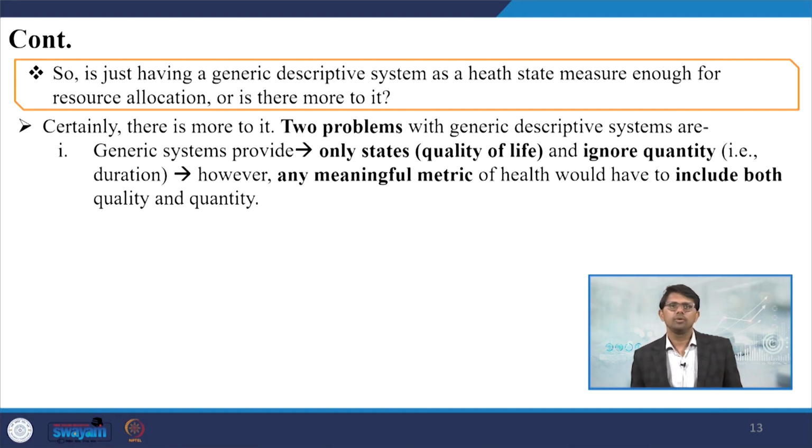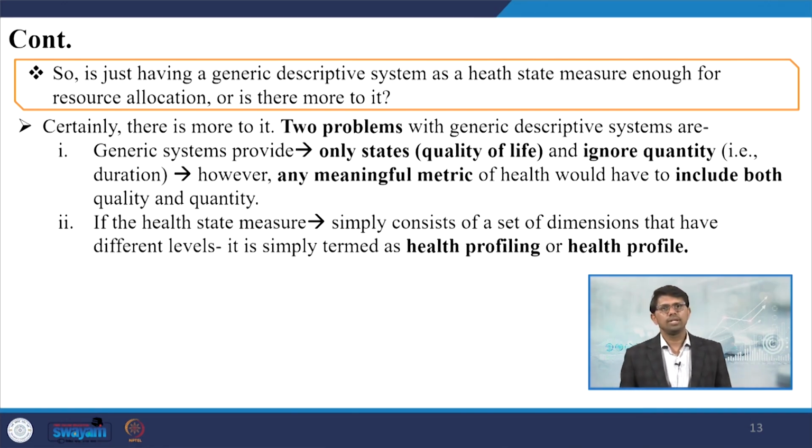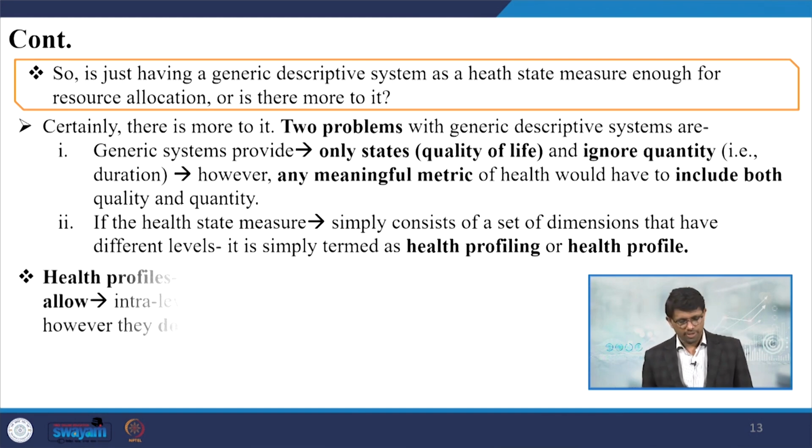However, any meaningful metric of health would have to include both quality and quantity. If the health state measure simply consists of a set of dimensions that have different labels, it is simply termed health profiling or health profile.